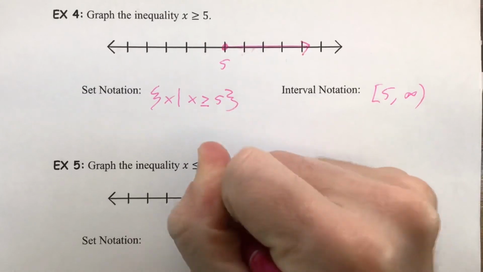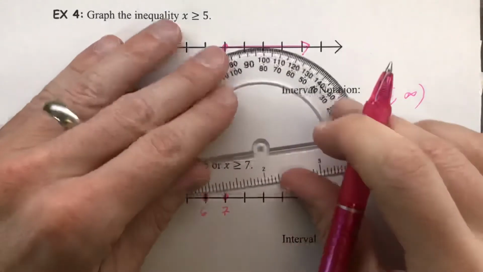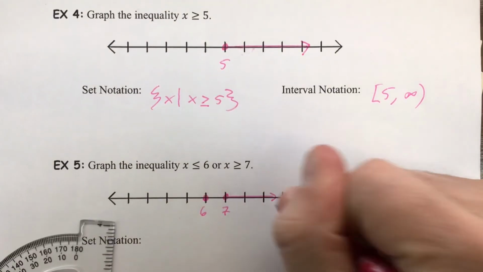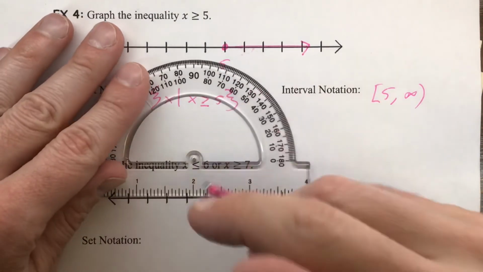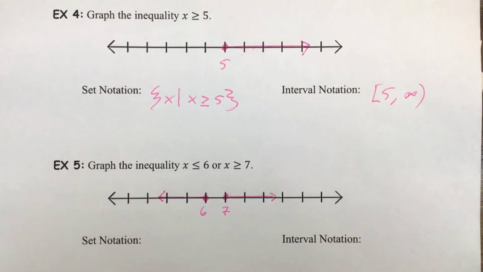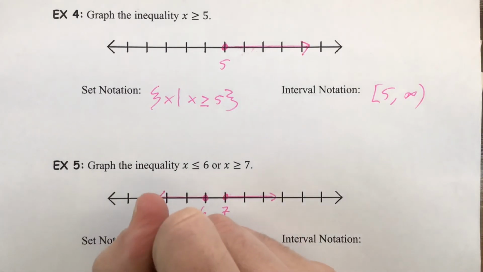We do have closed circles here. We're going to indicate that it continues in that direction and that direction. Okay, and again for set notation, because you've already got the inequalities, you can just copy that information.